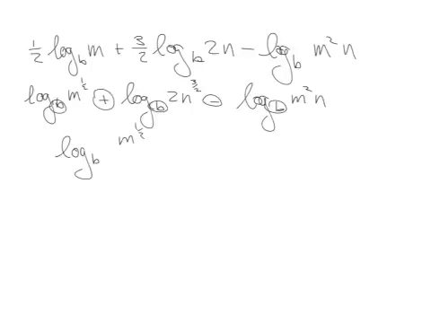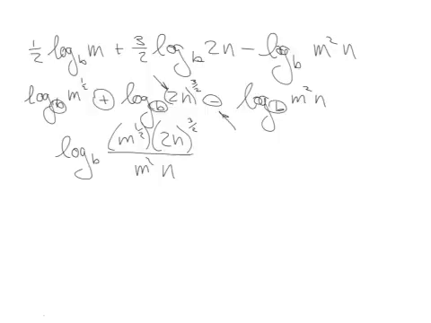So we have 1/2, we have 2n to the 3/2, which I should have put these in parentheses in the first place because that 3/2 is applying to that 2 as well. So sorry I didn't do that. Over, because of the minus sign, m squared n.